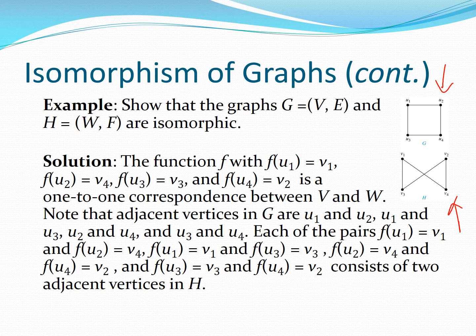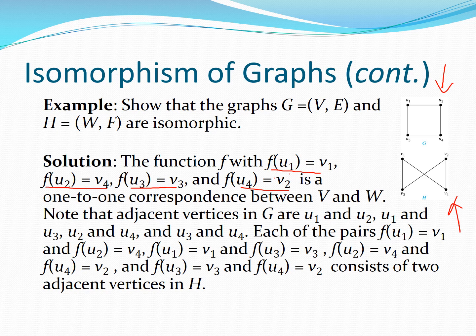Let's say you find a mapping from U1 in graph G to vertex V1 in graph H. U2 has a correspondence to V4, U3 has a correspondence to V3, and U4 has a correspondence to V2.